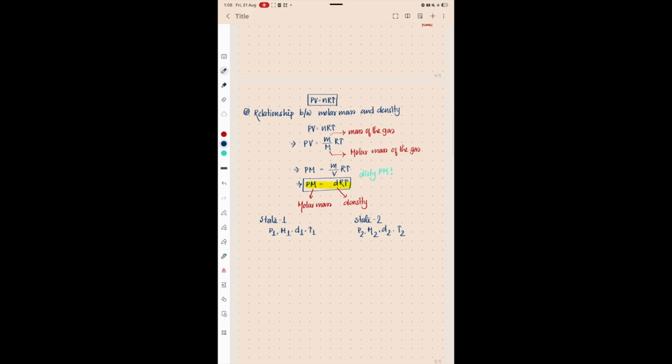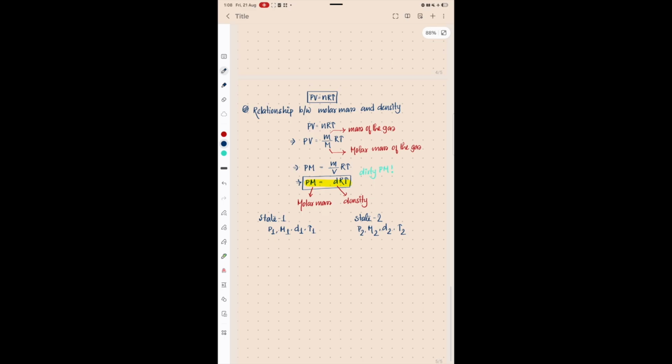Density is mass upon volume, so it is interrelated with your number of moles in that state. So you can interchange between them when you are defining the states.